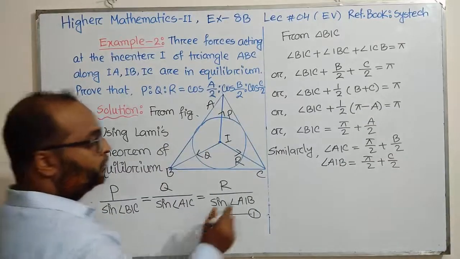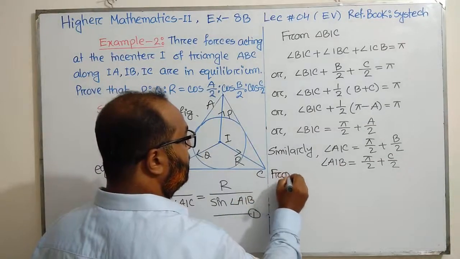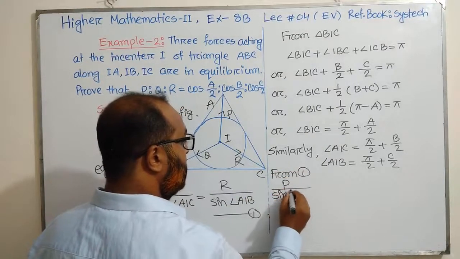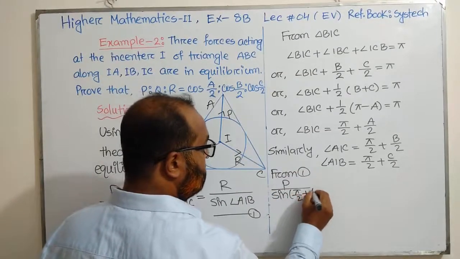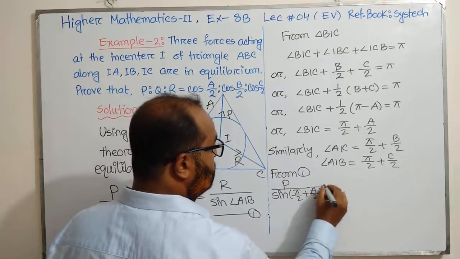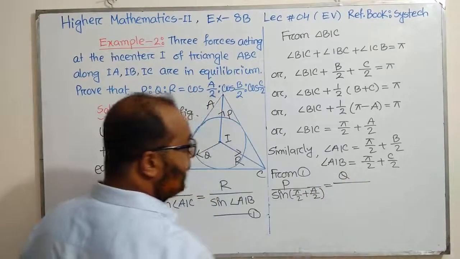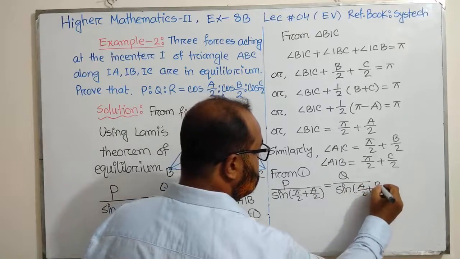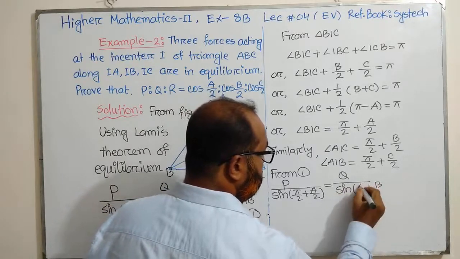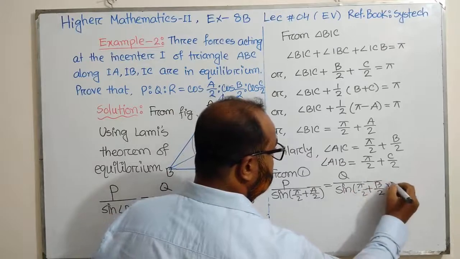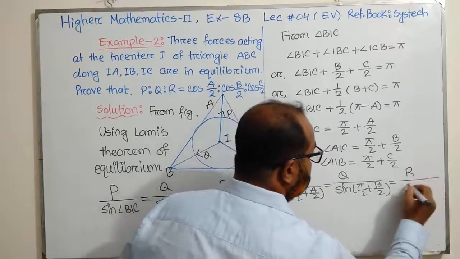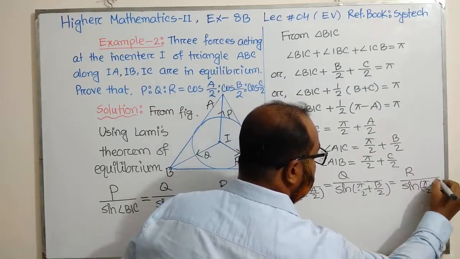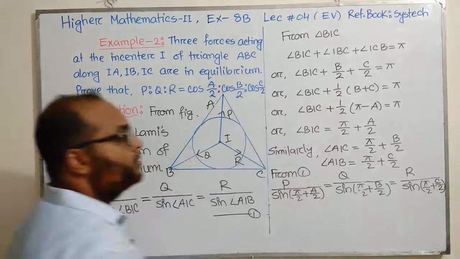Now from equation 1, we can write P by sine of pi by 2 plus angle A by 2 equals Q by sine of pi by 2 plus B by 2 equals R by sine of pi by 2 plus angle C by 2.